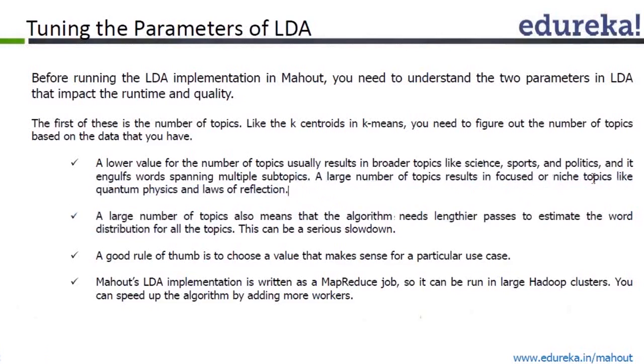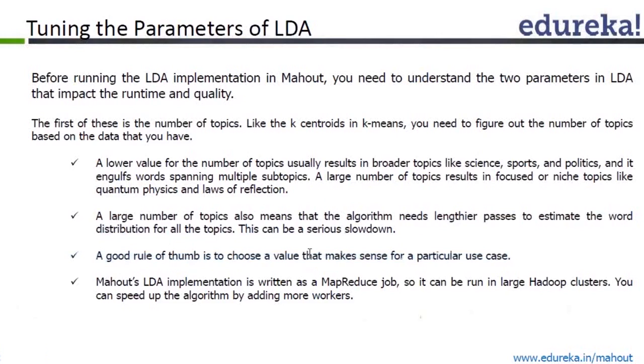A large number of topics results in focused or niche topics like quantum physics and laws of reflection. A large number of topics also means the algorithm needs lengthier passes to estimate the word distribution for all the topics. This can be a serious slowdown. Since it has to do so many iterations, it will seriously slow down the application performance because you are dealing with large volumes of data.